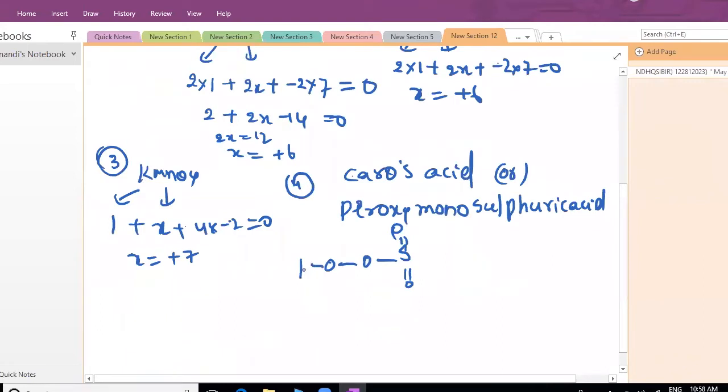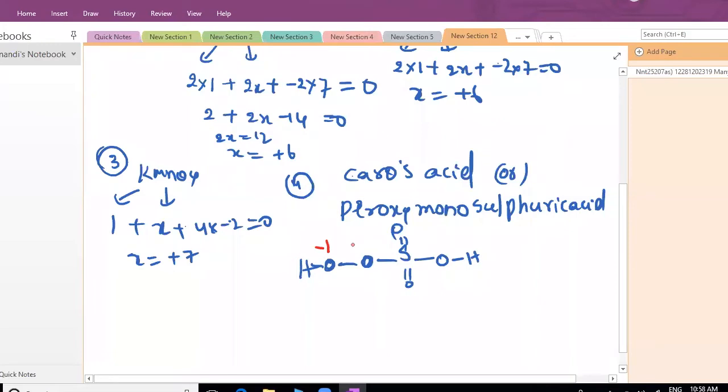The oxygen-oxygen bond, that we call the peroxy bond. In peroxides, what oxidation number did I give to oxygen? Anyone remember? In peroxides the oxygen oxidation number is -1. So here oxygen is -1, here -1.